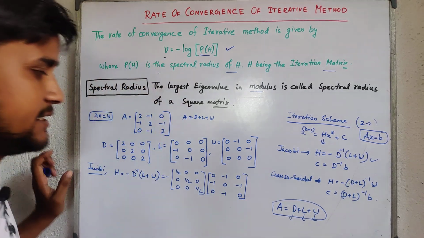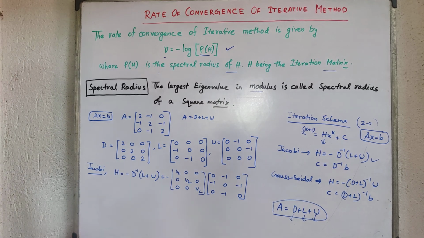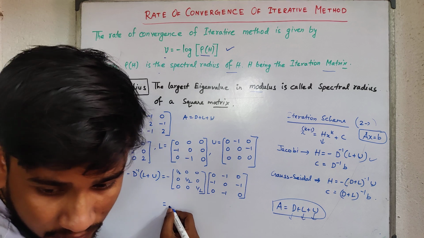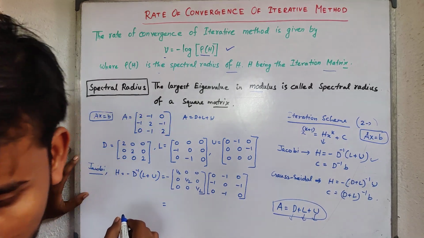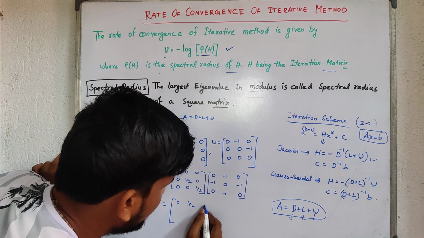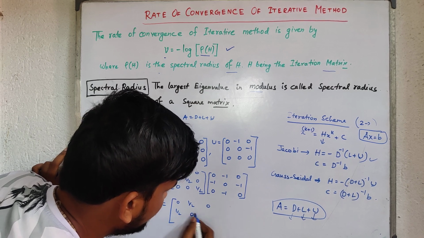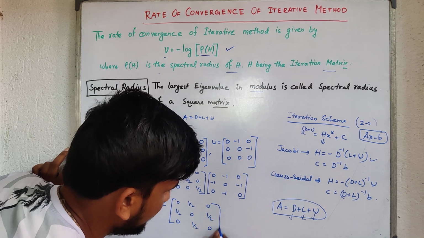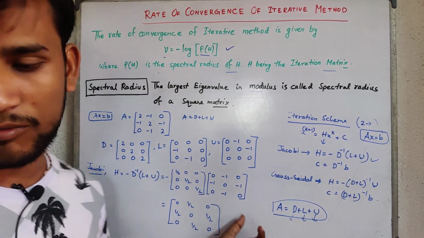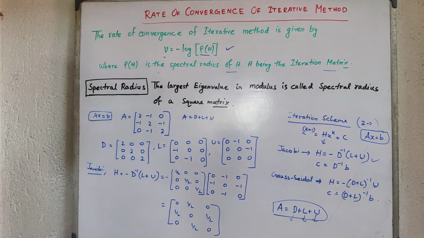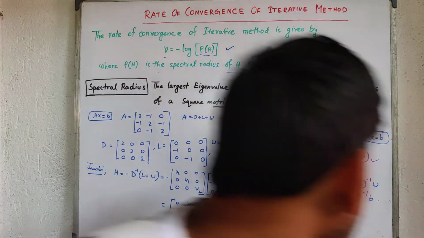I think this is the matrix. Now if we multiply this, then we get 0 1/2 0, 1/2 0 1/2, and 0 1/2 0, this matrix. You can just check the calculation once. I'll write it here.